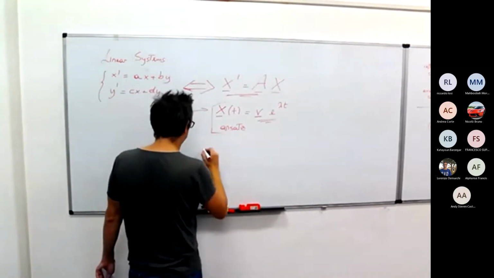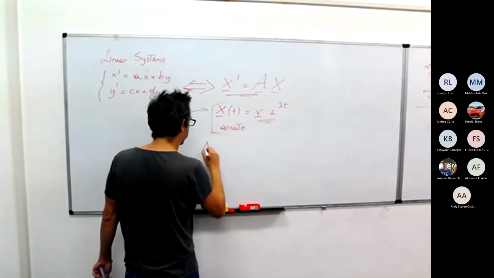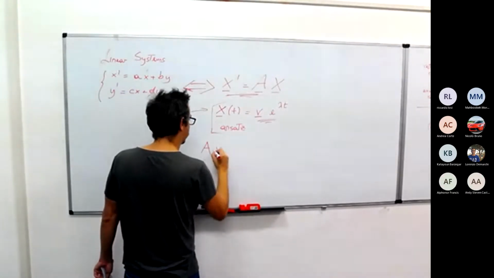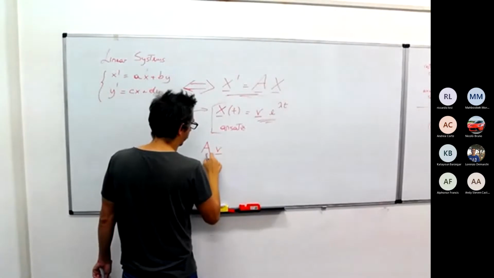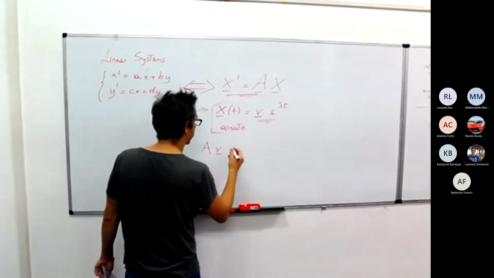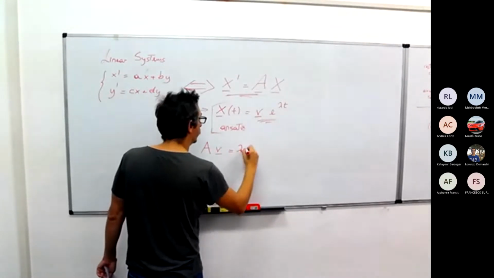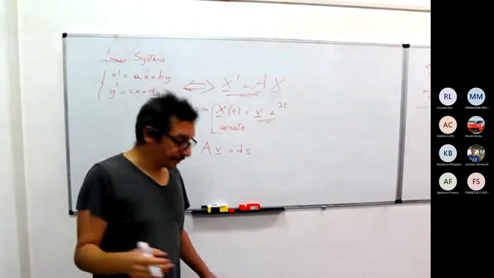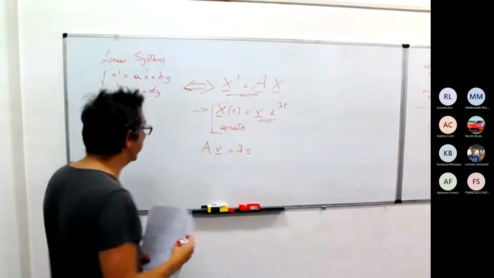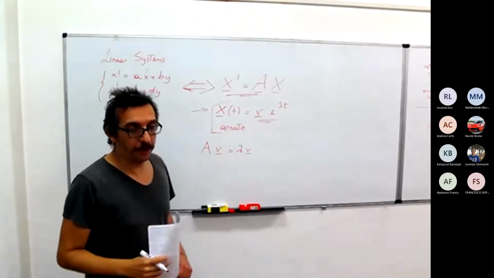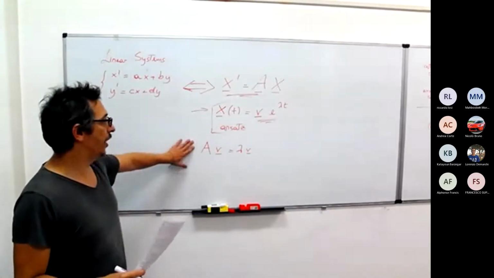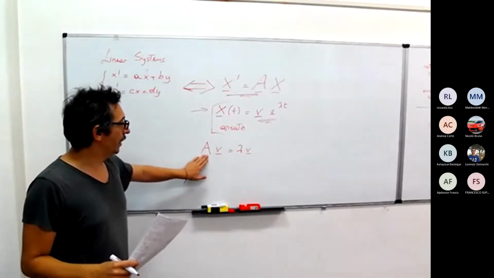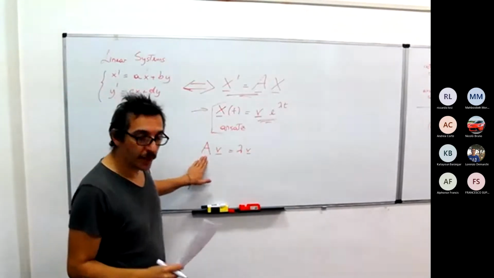Well, I find that A times b is equal to lambda b. And yesterday we commented about the fact that this is an eigenvalue problem for the matrix A.